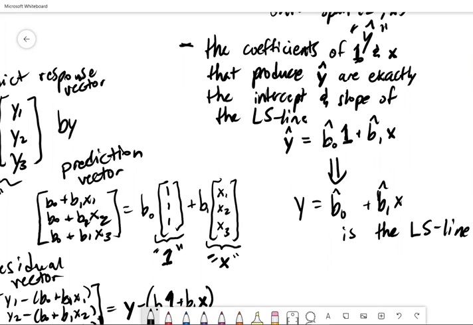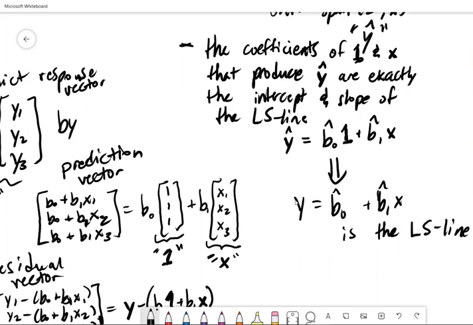You just need to use these same coefficients. The coefficients of 1 and x are exactly the same as the intercept and slope of the least squares line, because it produces the smallest sum of squared residuals.